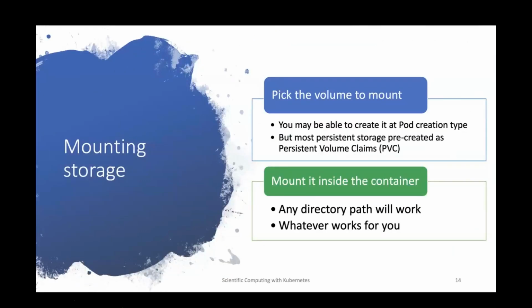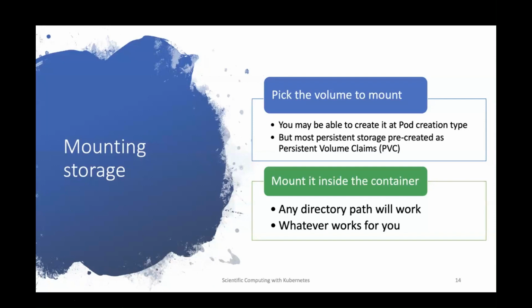So after you decided that you need the storage, Kubernetes-mounted managed storage, how do you make use of it? It's actually a two-step procedure. First, you need to pick where the data resides. And in a typical Kubernetes system, you will have many areas to pick from.